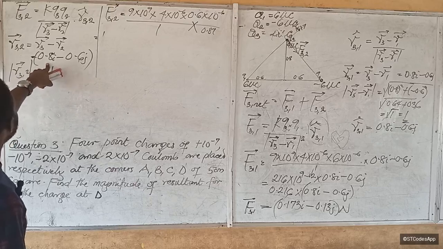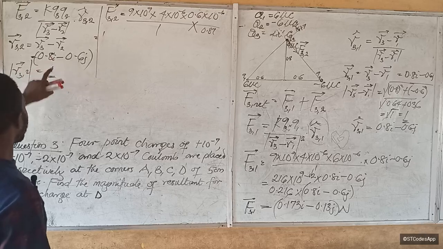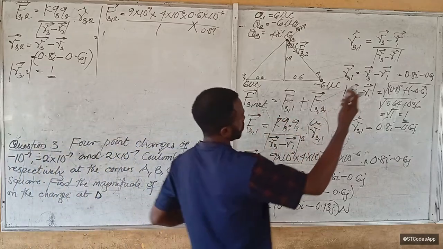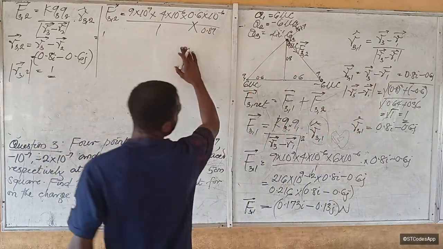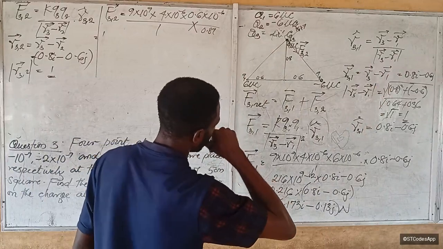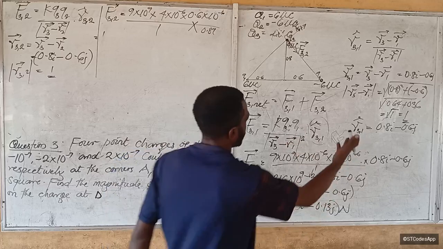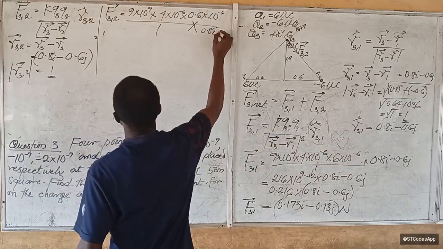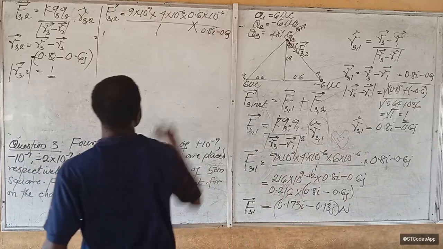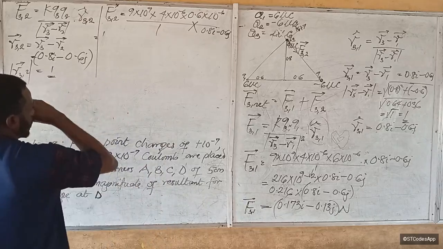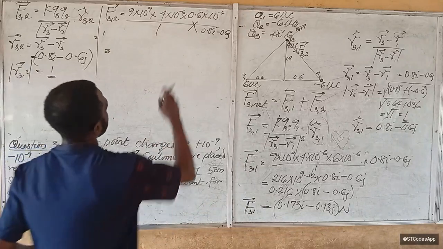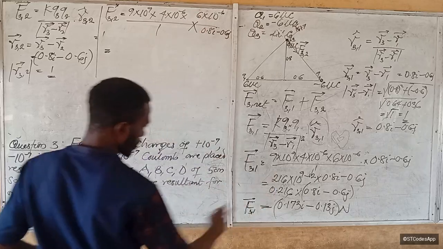Our unit vector is going to be this guy over 1. So it's going to be the same thing, pretty much what we did here, exactly. I minus 0.6j. Okay, this is 6, sorry. It's actually the same thing.